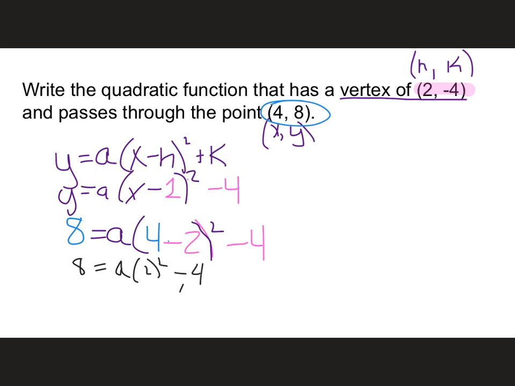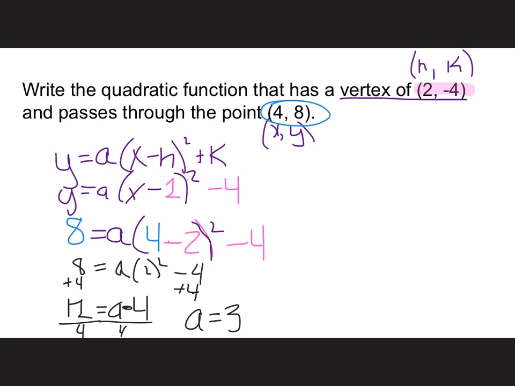At this point, I'm going to eliminate the -4 by adding. So now we have 12 equals a times 4, since 2 squared is 4. Now to get a by itself, I would divide by 4. So a in this problem should equal 3.